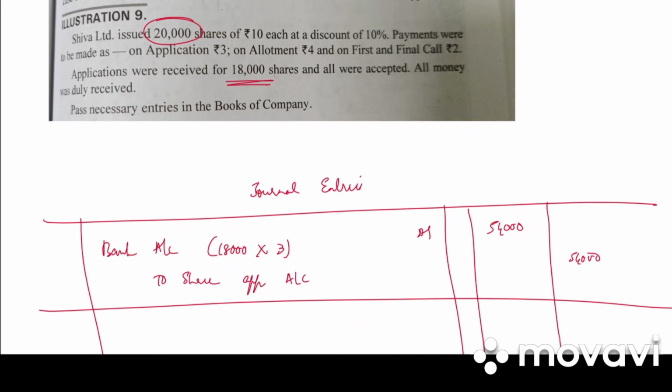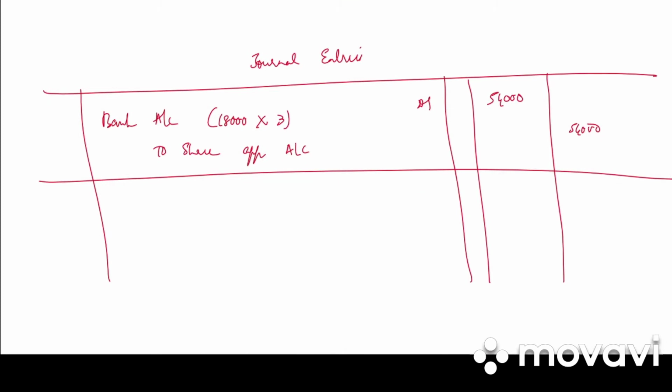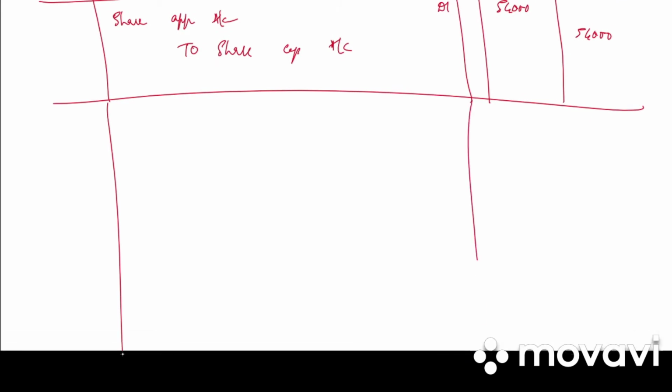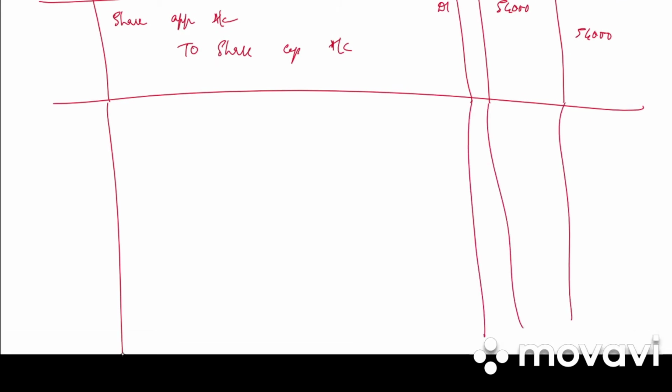Write the narration: money received on application for 18,000 shares at rupees 3. Next, transfer this application to share capital. So share application account debited to share capital account, 54,000, 54,000. Write the narration: transfer of application money to share capital account.